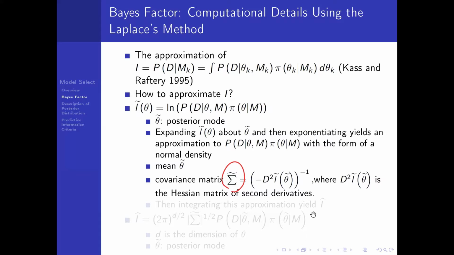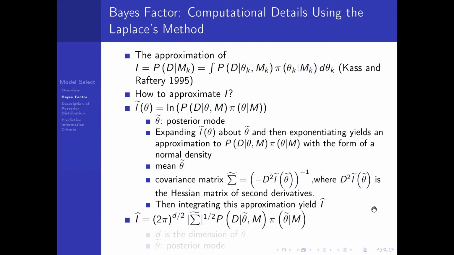Well, what we're going to do next? Since there's an integral there, we're going to integrate out this approximation. Then it's going to yield I hat, which is equal to this pretty ugly looking or very beautiful looking long term. In this case, this is pi, and we have d. What is d here? D is the dimension of theta.